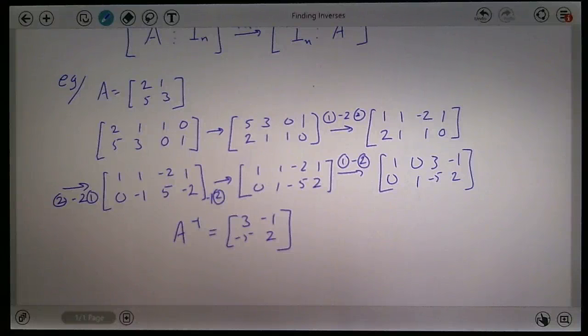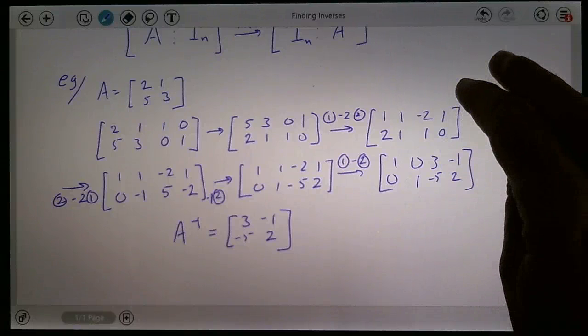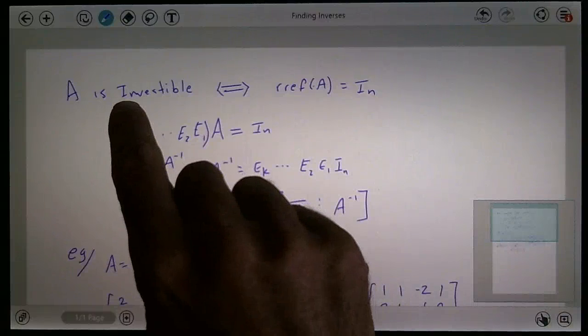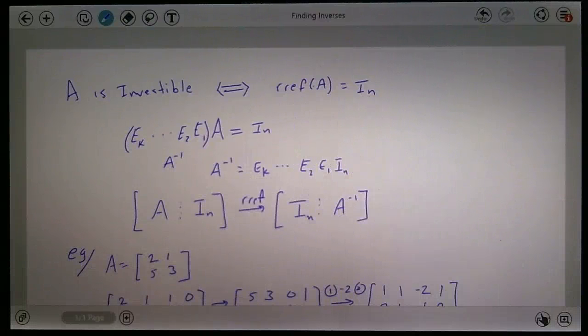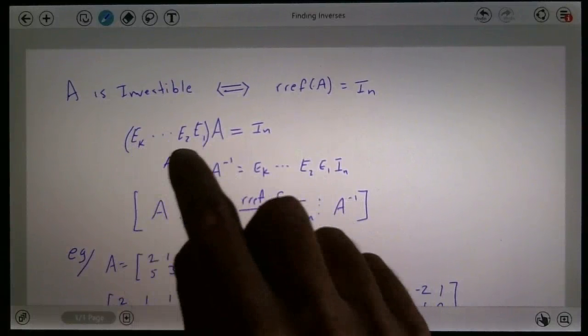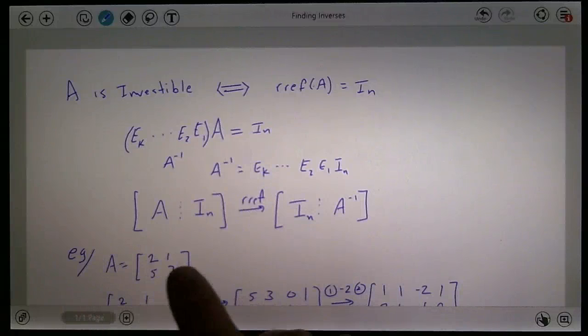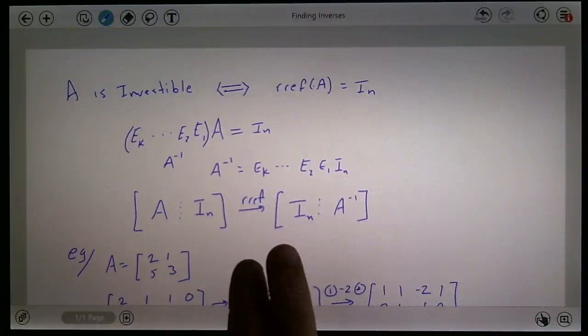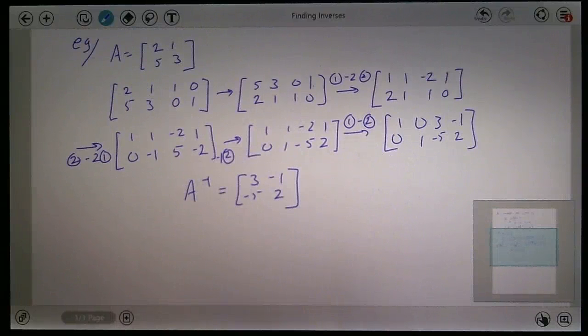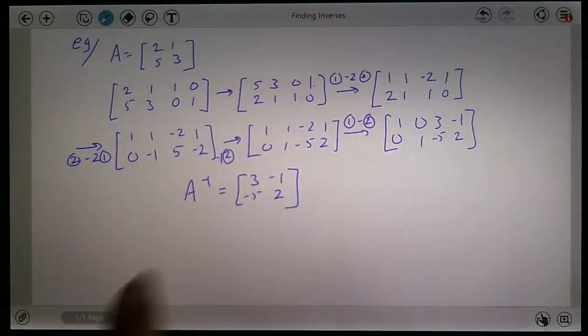This is a method of calculating inverses, which comes from knowing that A invertible is equivalent to the reduced row echelon form being I_n. And that sequence of row operations that takes A to the identity will also take the identity to A inverse. So you just do them all at the same time, and you get the inverse.